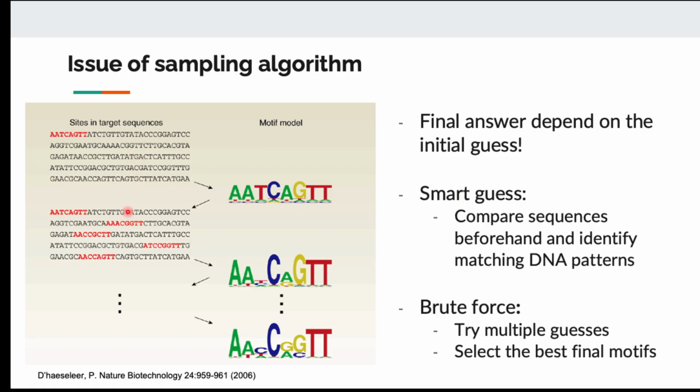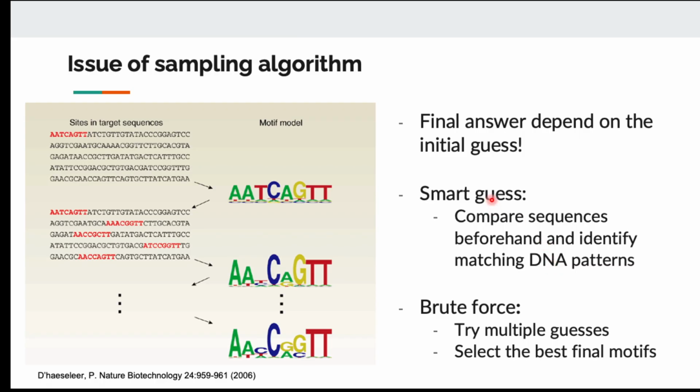Because we already know that the motif has to be common in all sequences, why don't we do some sequence alignment beforehand? Why don't we do multiple sequence alignment, or pairwise local alignment? Any DNA pattern that matches across these sequences should be a good guess, because those are patterns that appear in many sequences. The motif should be some of those.